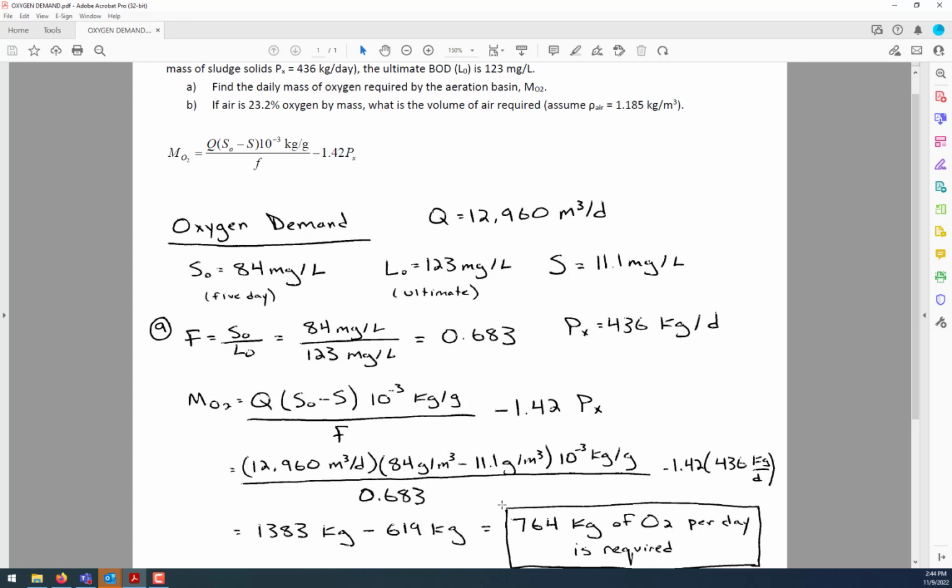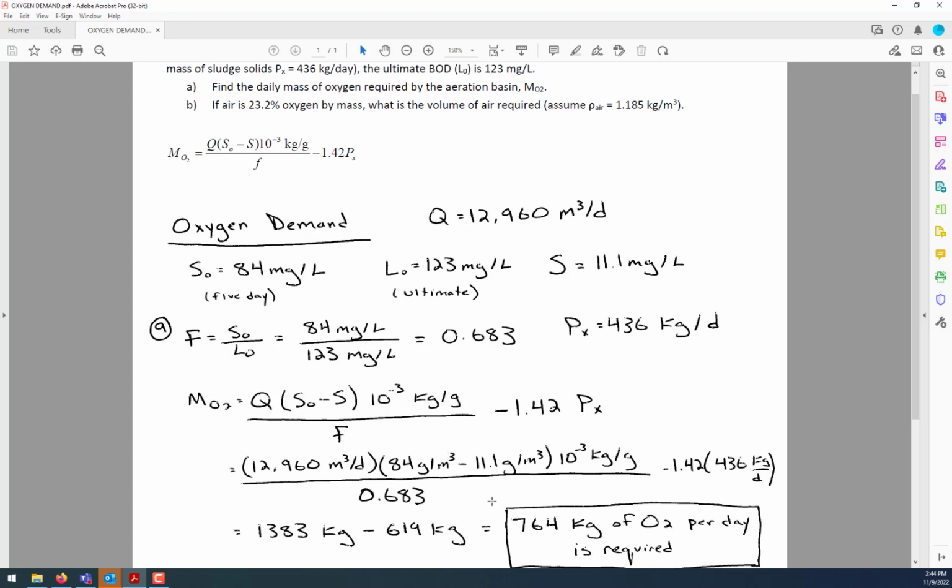Now, it's not like you can drop a kilogram of oxygen into a tank and then it's 100% absorbed. To get the oxygen into the water, you have to pump air at the bottom of the tank, and these little air bubbles diffuse upwards through the liquid, and a portion of that air is going to be dissolved into the water.